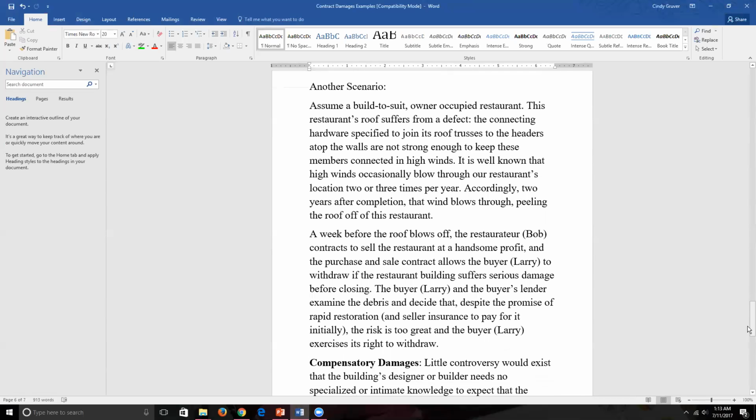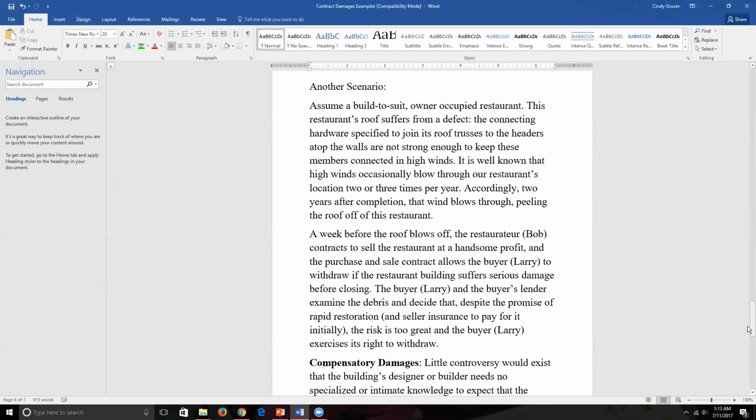Unfortunately for Bob, the general contractor didn't do the best job, and in fact, there is a defect in the restaurant design relating to the roof. There's actually a problem so that if there is a hard wind that blows at the restaurant at just the right spot, the roof will just pop off and blow away, and so that's not a good thing.